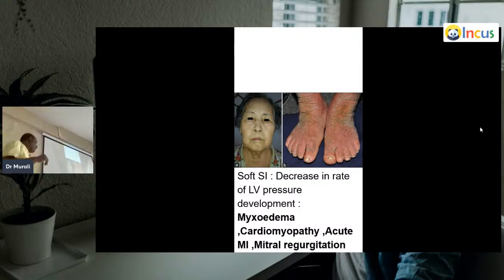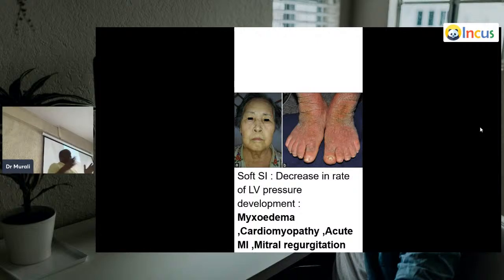Understand? So with any decrease in this pressure crossover, that means the left ventricle building the pressure and the atria losing the pressure, if the crossover develops slowly, then the S1 becomes softer.